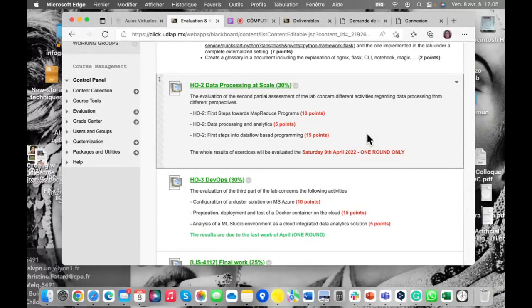This will happen during the weekend, and the idea is that it's not for the 9th of April. It will be due after the spring break. Okay, so that's for the lab. It will be very simple with respect to Spark.